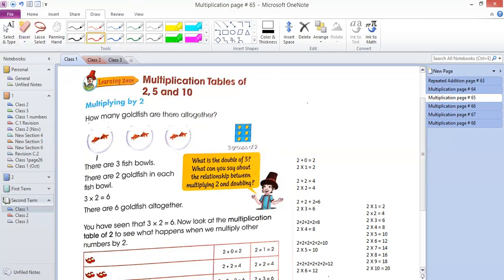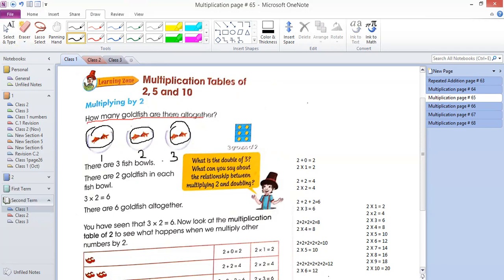The topic starts with the question, how many goldfish are there all together? So you can see that there are 3 bowls, and on each bowl there are 2 fishes. This is bowl number 1. This is bowl number 2, and this is bowl number 3.